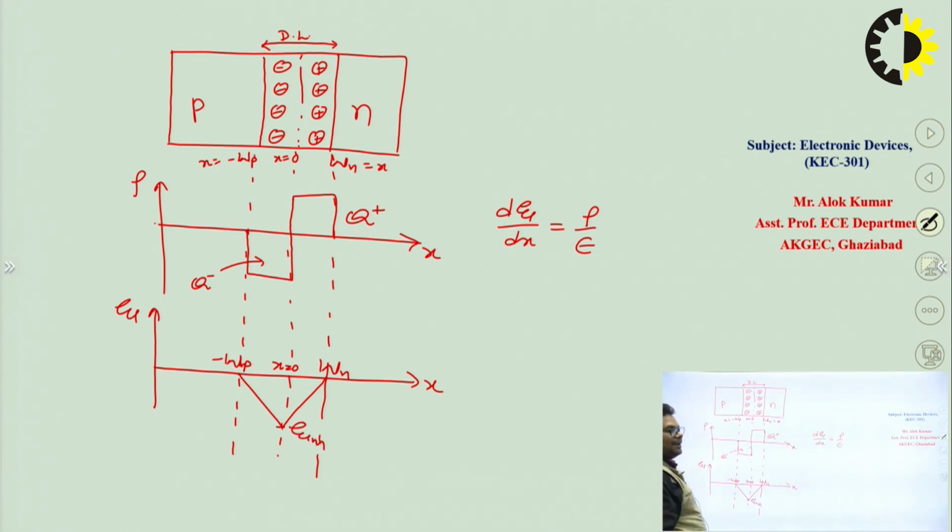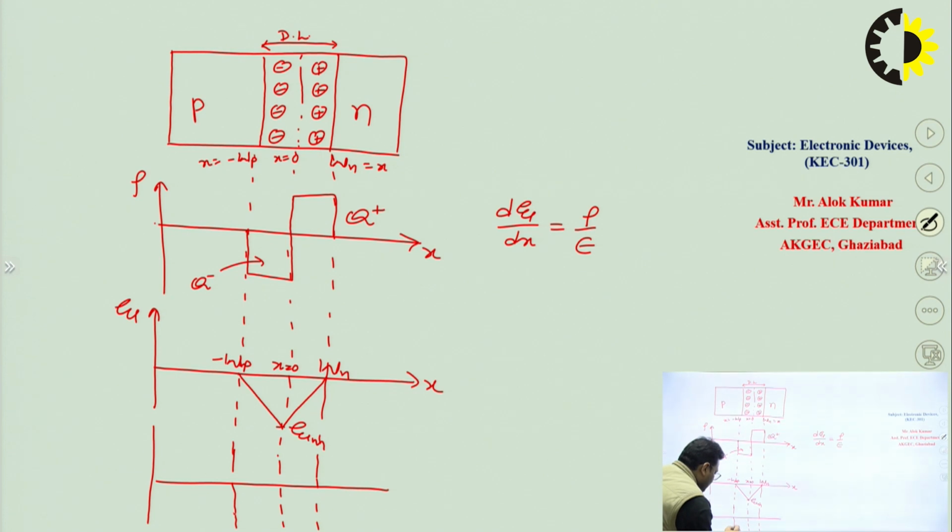Suppose the value of the electric field at x equal to 0 is Em. Similarly, we can show the potential. The potential will be like this, here the potential will be Vn and here the potential will be Vp. This is how we can represent it.